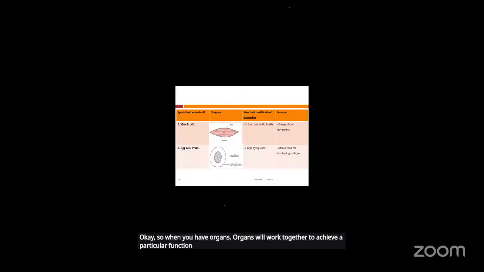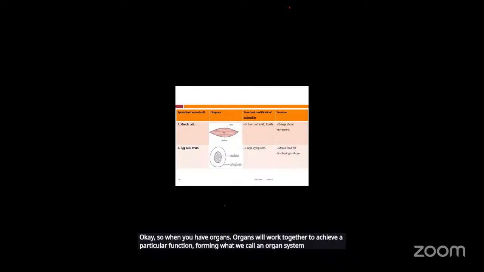Now, after we talk about tissues, when you combine several tissues to perform almost the same function, they form an organ. When you have organs, organs work together to achieve a particular function, forming what we call an organ system.